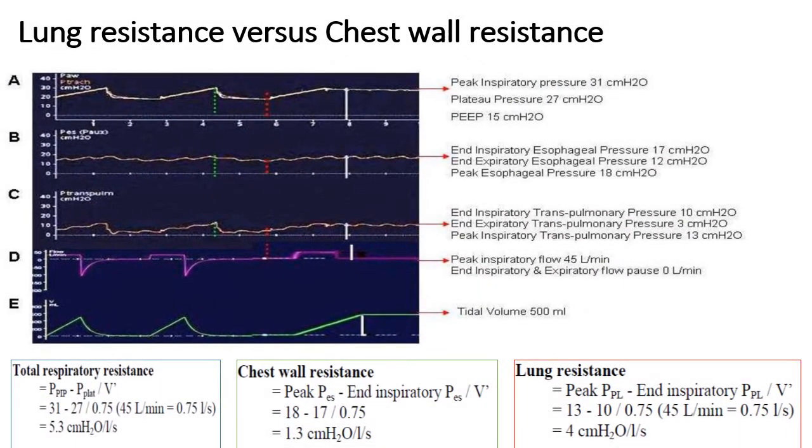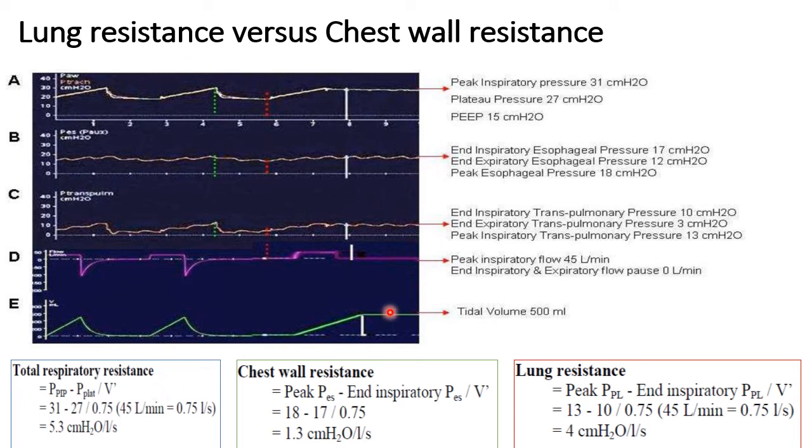Back to that busy graph, similar to the compliance, but this time we're going to differentiate between lung resistance versus chest wall resistance. And honestly, this is not as important as the compliance because the chest wall resistance is usually minimal, and most of the airway resistance usually comes from the lung, again the anatomical airways and the artificial airways.